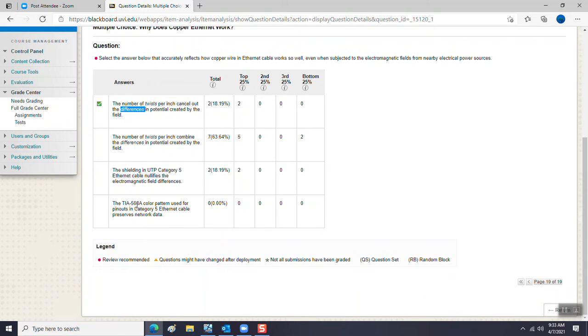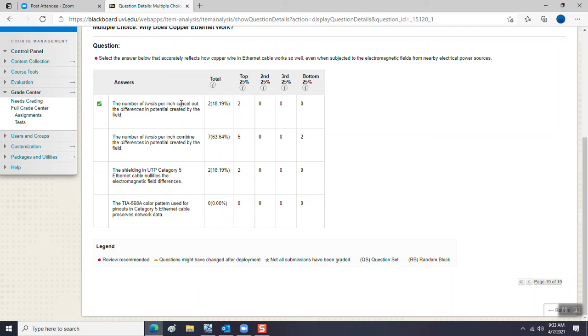That's the correct answer. The other answer choice that most students selected, the number of twists per inch combined the differences in potential created by the field. And if they combined the differences, that means the difference in electromagnetic interference would actually increase instead of decrease.